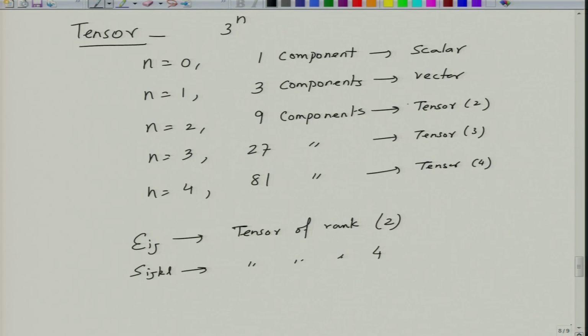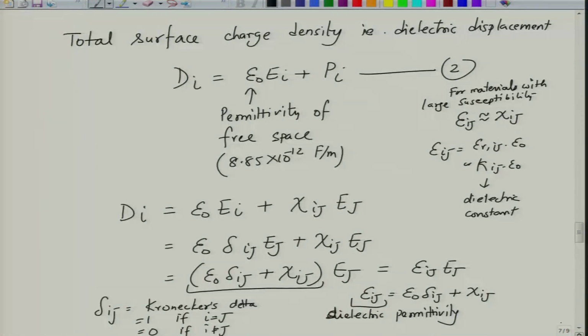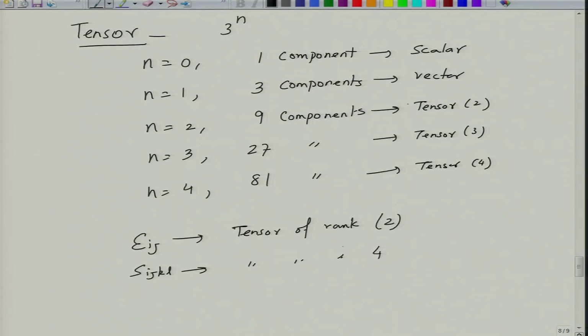So, in case of dielectric permittivity, we say that epsilon ij is this. So, epsilon ij is a tensor of rank 2. So, it will have 9 components, but basically using the free energy arguments, this reduces to 6 independent components.